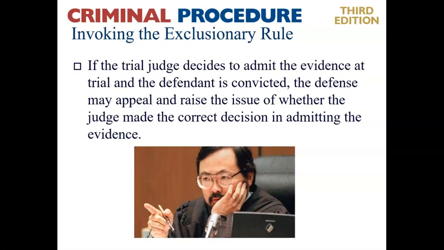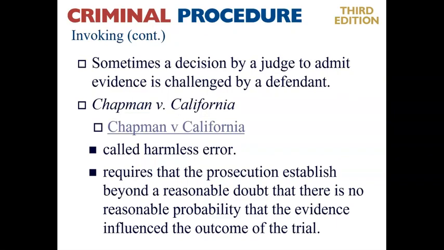So a decision by the judge at trial to admit the evidence results in the evidence being introduced at trial. And following conviction, the individual has the opportunity to challenge that, on the basis that the judge may not have made the correct call.